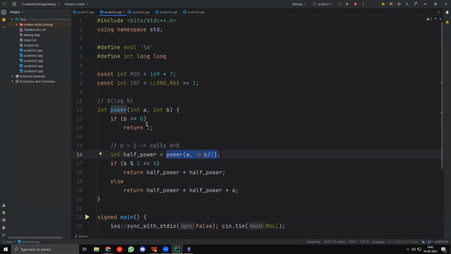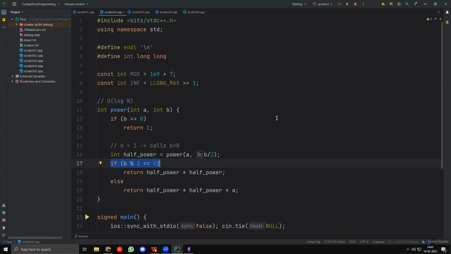I already called this once. The value is clearly 1. So it will say this is equal to 1. Right, Anirban? Does it make sense? Yes, sir. Yes, yes. Yeah, it doesn't go infinitely. After this evaluation is done, it goes to the next statement. So after this is done, it goes to the next statement if b modulo 2 is equal to 0 and so on.